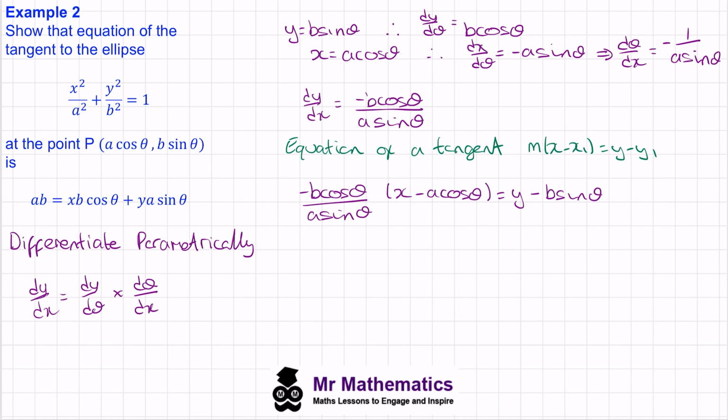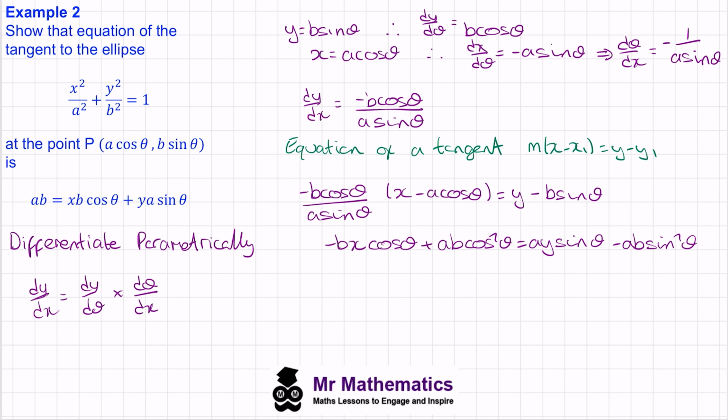So we get minus bx cos theta plus ab cos squared theta is equal to ay sine theta minus ab sine squared theta.